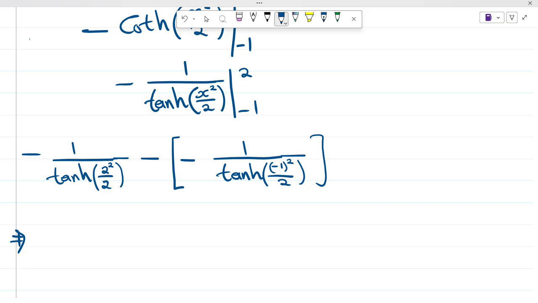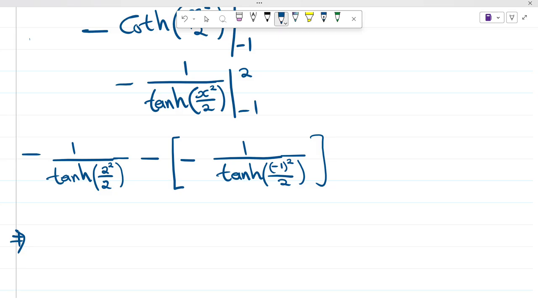You can also be practicing to punch these things in your calculator as well. So you're going to press hyp, you press 3, which is that one. So 4 over 2 is the same as 2, and then plus 1 over hyperbolic tan again of 0.5.